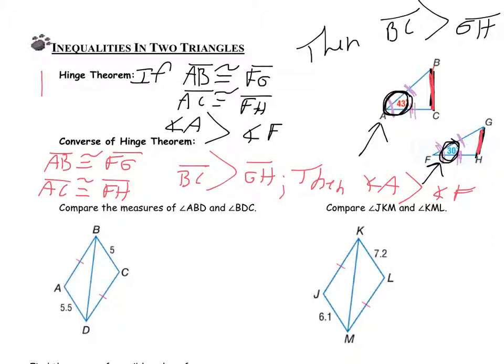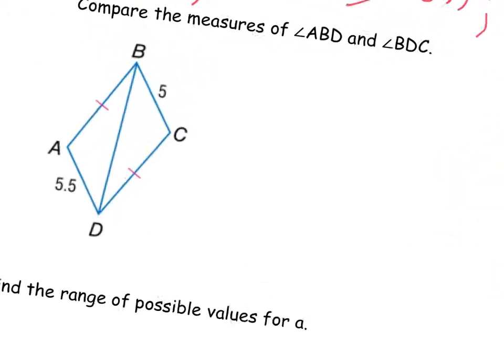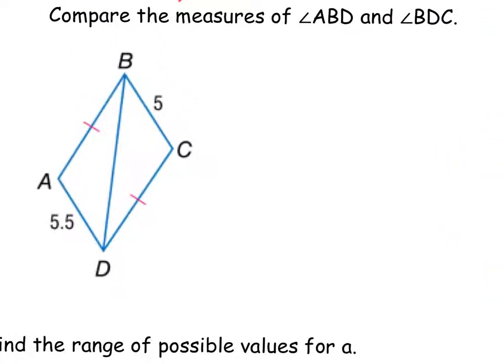The hinge theorem originally said that if angle A is bigger than F, then BC is bigger than GH. The converse says, if BC is bigger than GH, then angle A is bigger than angle F. Okay, so let's look at that in action on a couple of these problems.